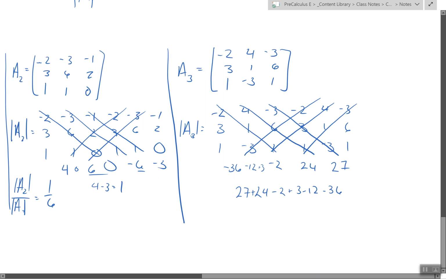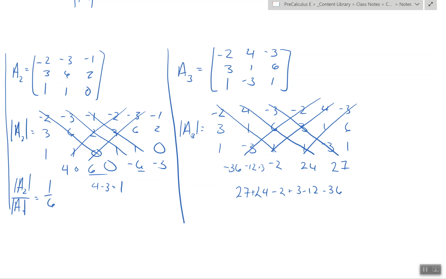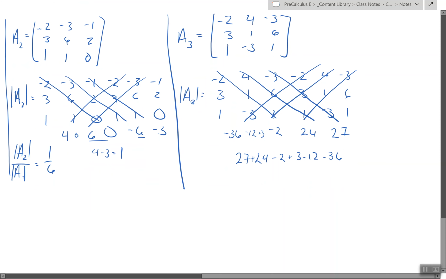So let's see what we get there. 27 plus 24 minus 2 plus 3 minus 12 minus 36. We end up with 4. All right, so A3 over A is 4 over 6, which is 2/3.